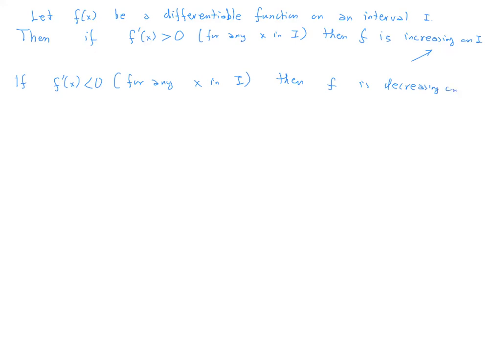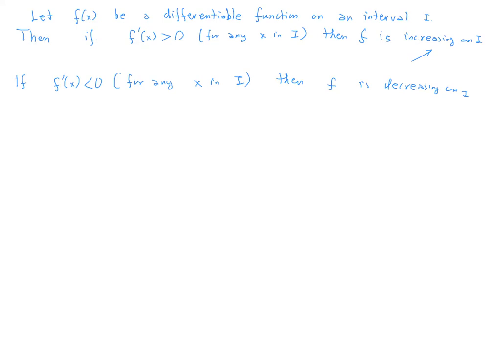One thing that I didn't emphasize here is that this whole game with increasing and decreasing functions is played in the sense that we consider the direction from the left to the right. So all of this terminology applies as we look at the graph of the function from the left to the right.